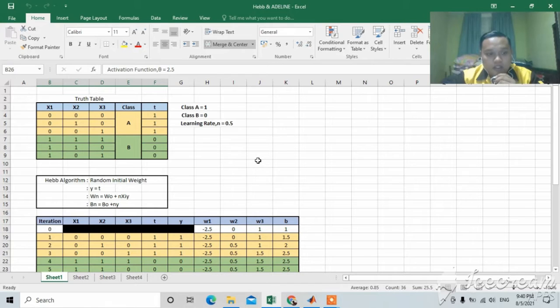Now for the Hebb training algorithm, this is the key point: random initial weight, y equal to t, weight new equals weight old plus learning rate times xi, which is x1 or x2 or x3, times y. For the bias, bias new is equal to bias old plus learning rate times y.